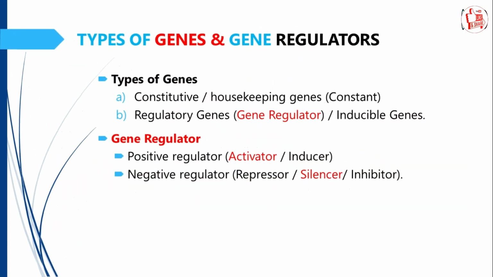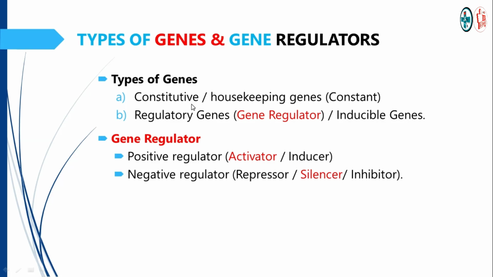Now we come to the types of genes. Generally, genes are basically of two types. One is constitutive or housekeeping genes, also known as constant genes. Another one is regulatory genes or inducible genes. The constitutive genes are always active. Their expression is not regulated.